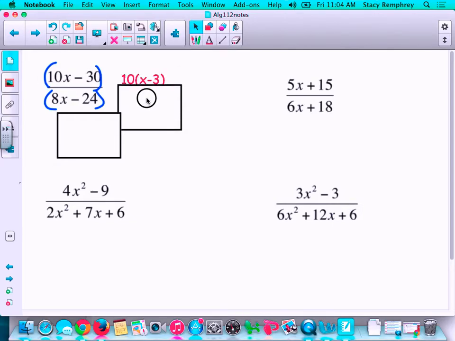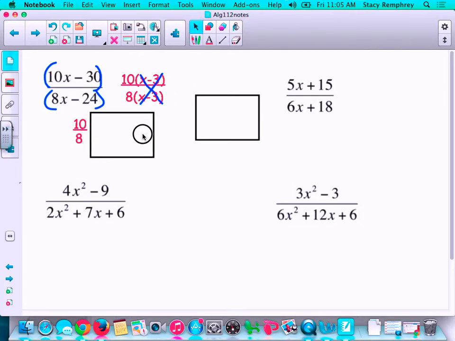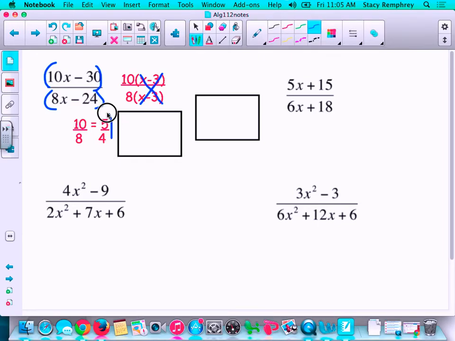Yes, there is. Look at the denominator. Is there a greatest common factor there? Yes, there is. So now I have factors. I'm going to cancel. I'm left with 10 over 8. However, 10 over 8, I can simplify further to 5 over 4. So my final answer is 5 over 4.